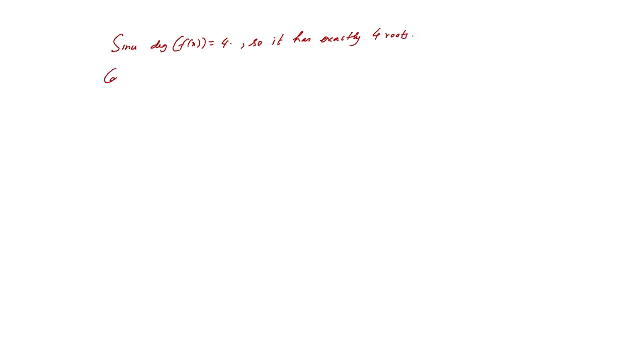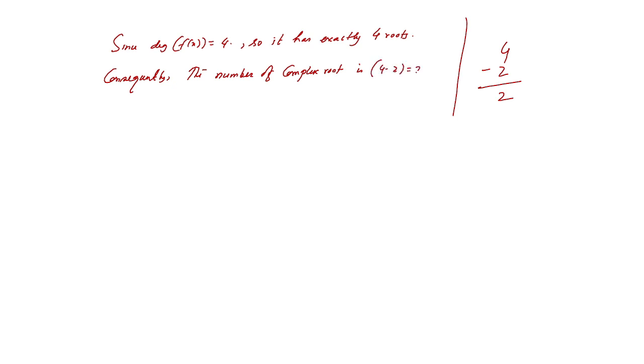Consequently, it has 2 real roots, so the remaining 2 will be complex. So we conclude the number of complex roots is 4 minus 2, that means 2.